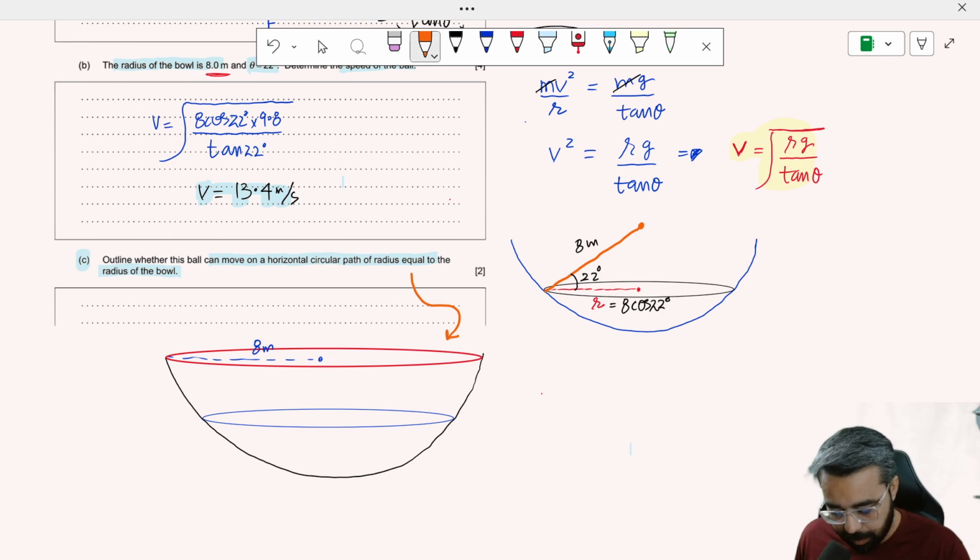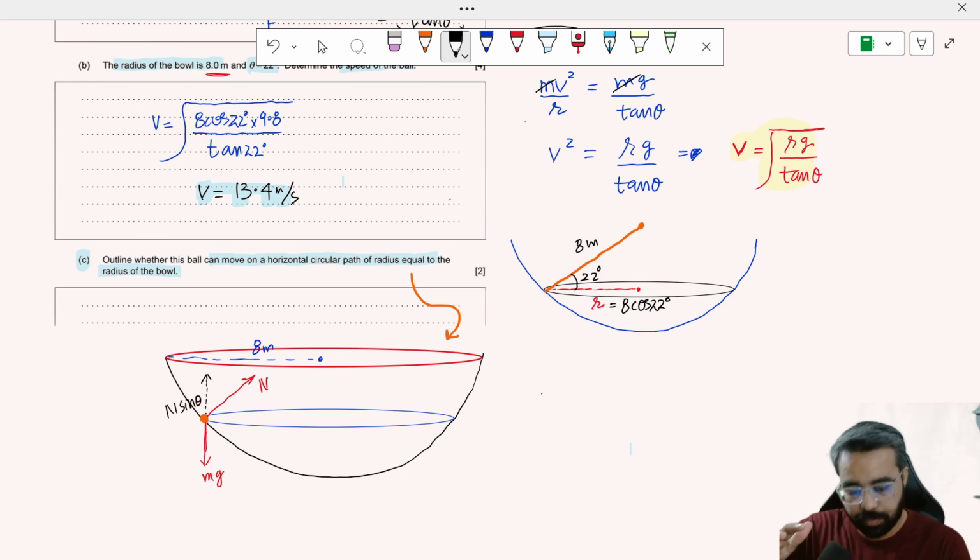Because you remember when the ball was here at this point, we saw the normal force, like this is a normal force, and the weight was balancing the vertical component of the normal force, which was equal to N sin theta. Now theta is different. First of all, this theta is 22. This theta will be different when the ball is here. In fact, this theta will be smaller.